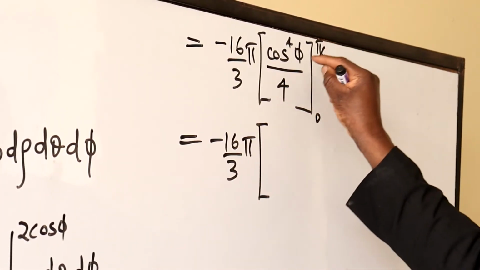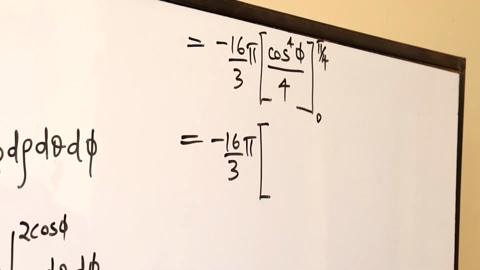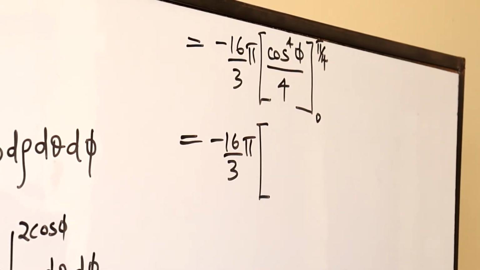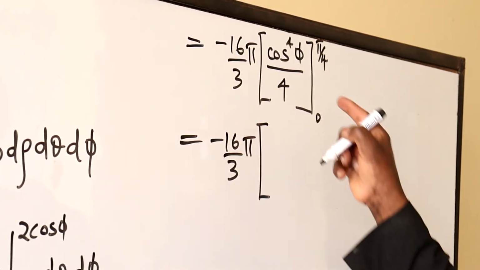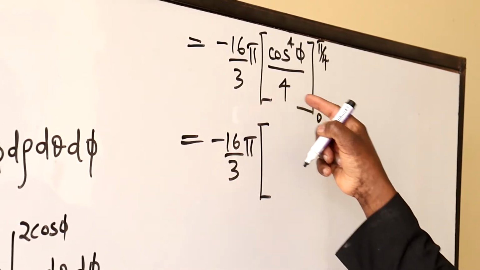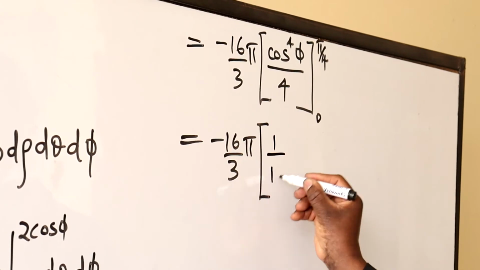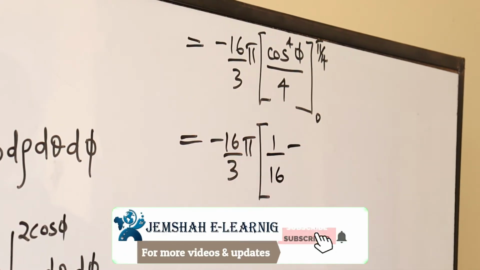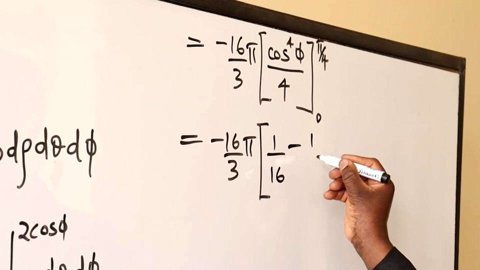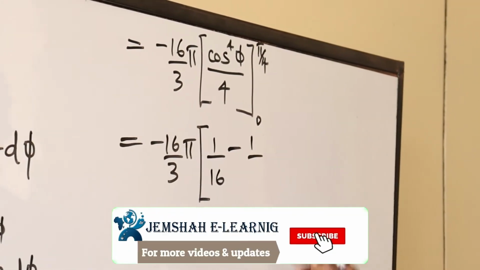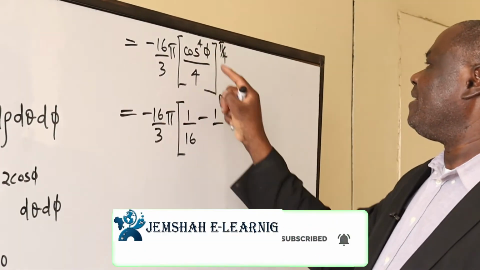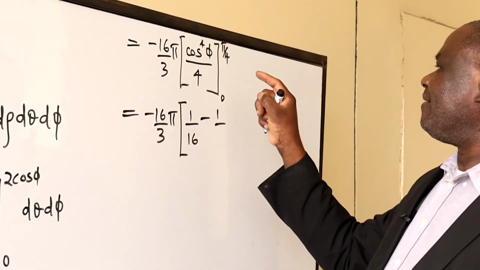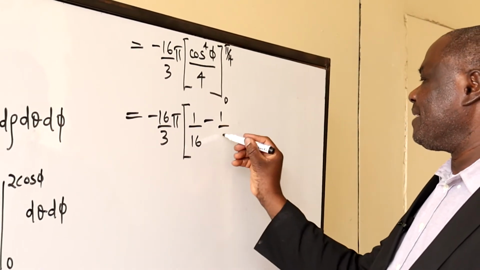when we input pi over 4 here, cos pi over 4 is 1 over root 2. When it is raised to power 4, we get a quarter. A quarter divided by 4 is 1 over 16, minus now a quarter, since cos 0 is 1, and 1 to the power 4 is 1, divided by 4 gives a quarter.